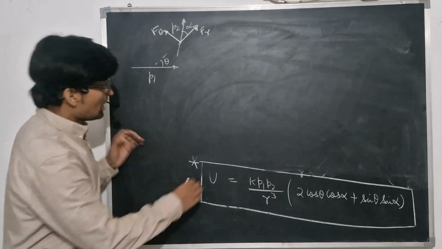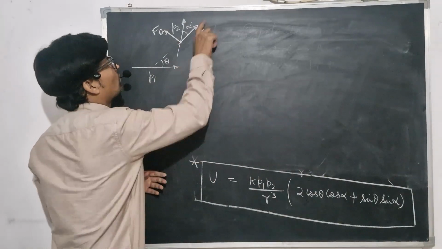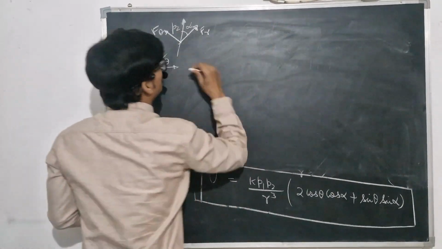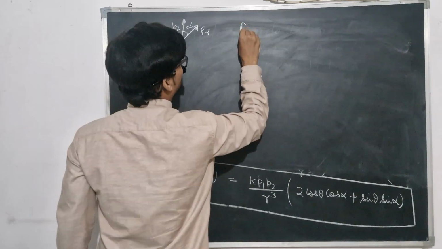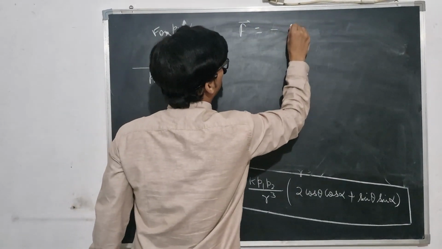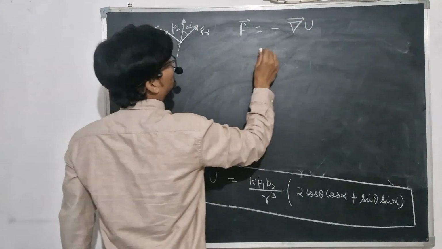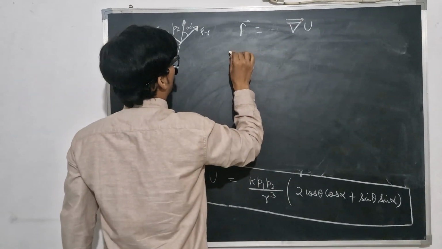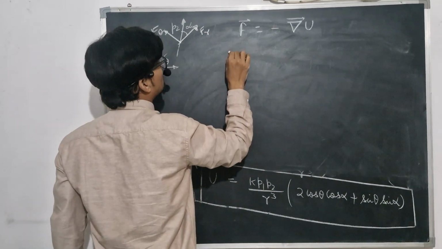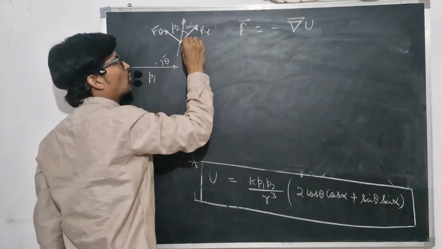So how to get this Fr along the radial direction? As we know, the F vector is nothing but the gradient of the potential energy with a negative sign. If you go in this direction, what is the displacement?